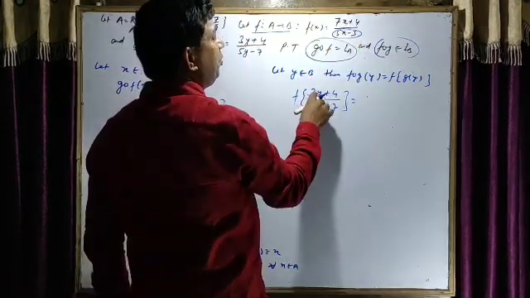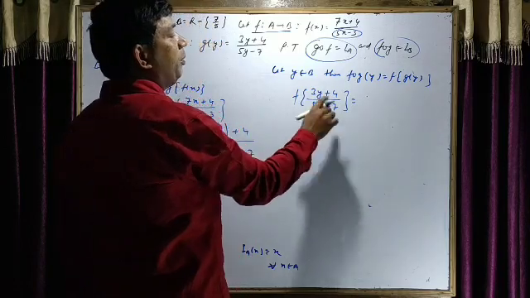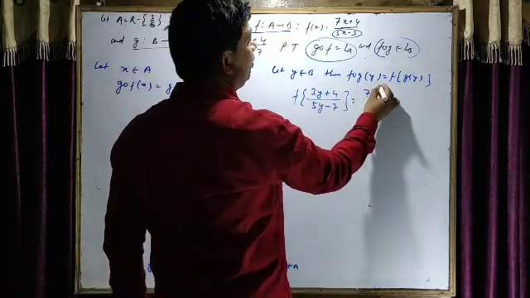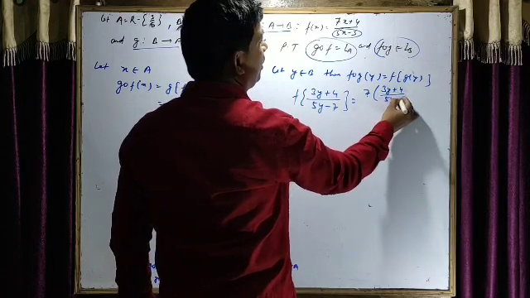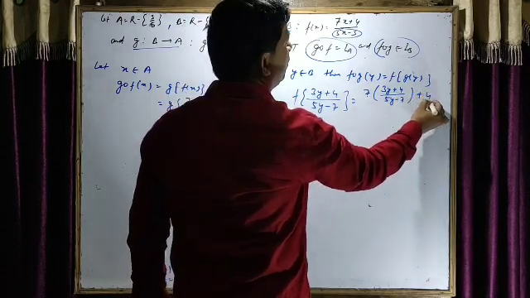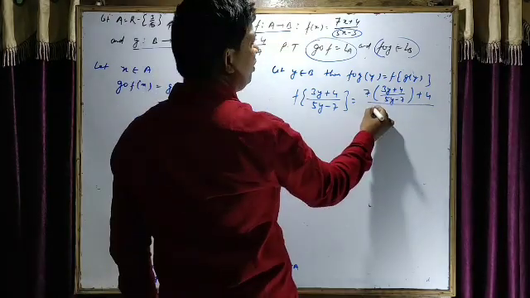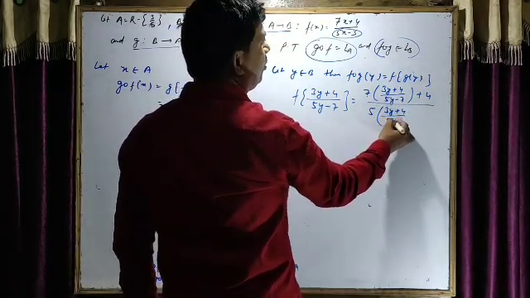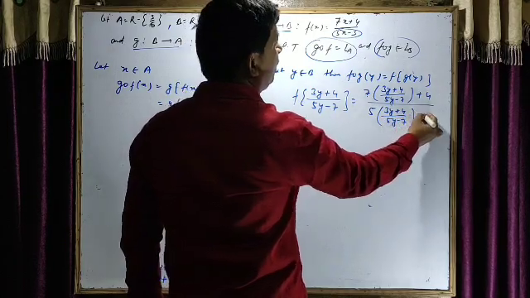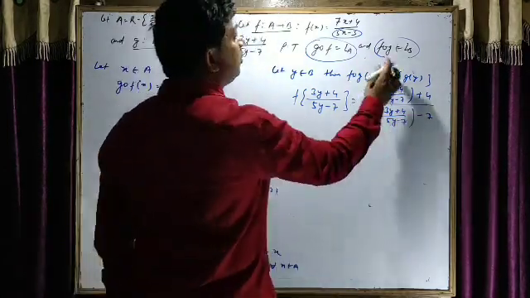In place of x, I have to write (3y + 4)/(5y - 7). So 7 times (3y + 4)/(5y - 7) plus 4, divided by 5 times (3y + 4)/(5y - 7) minus 3.